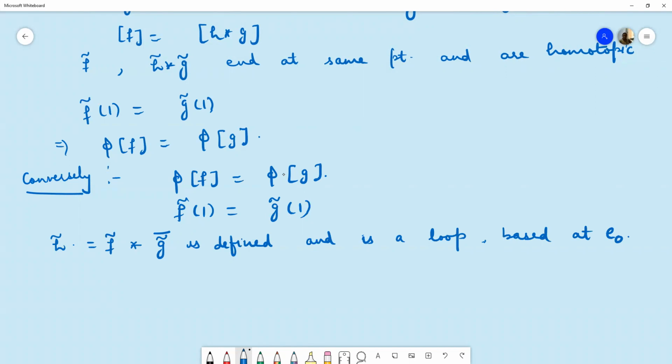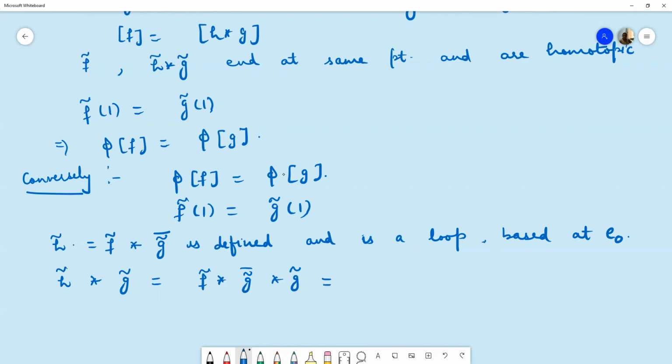Now, if H curl is equal to this, then H curl star G curl is equal to F curl star G curl bar star G curl. Now, G curl bar star G curl, this product is homotopic to the constant path based at any point.